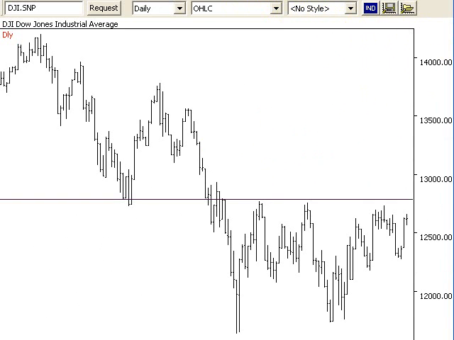Go back to our daily chart now. We can see that this was our support, came down, became resistance, and this market is almost another resistance through there. So the market is at a pretty decent resistance on the Dow chart.